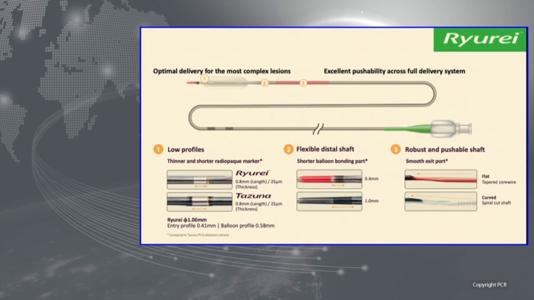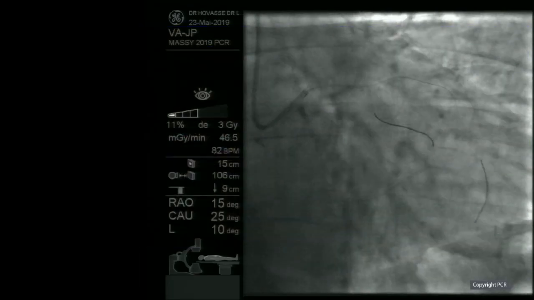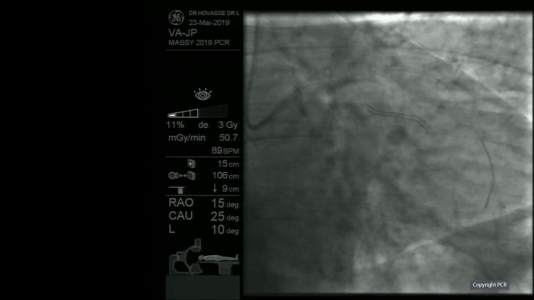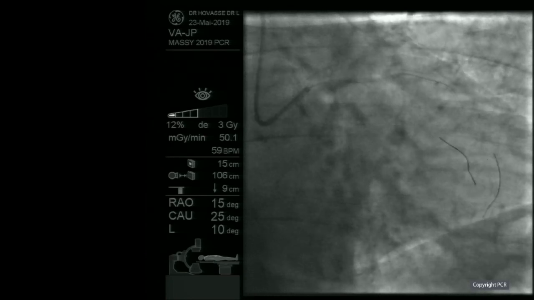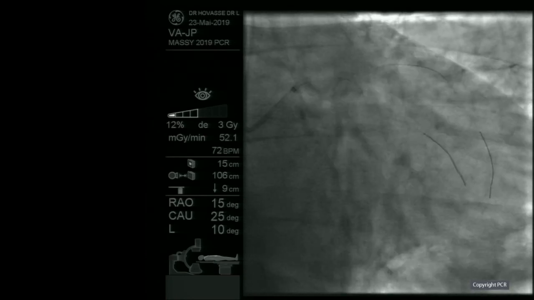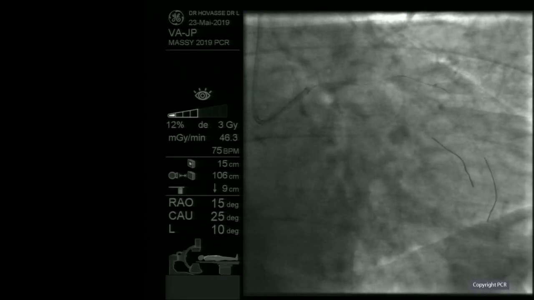While I'm speaking, Thomas is putting a second wire in the circumflex. Yes, I think a first good message for colleagues is that even for Medina 1-0-0, even if you don't want to treat the bifurcation, the second wire is really a good marker to place the stent.